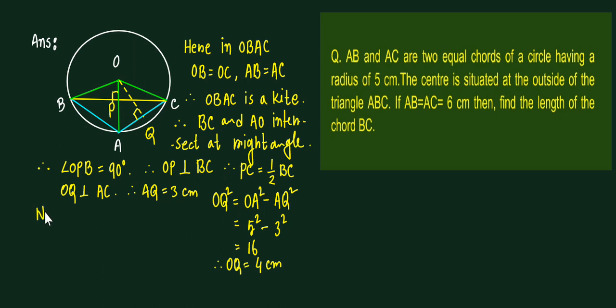Now we have to find out the area of this triangle, means triangle OAC. We have to find out the area of the triangle OAC by taking AC as base. Then we have half into AC into OQ, the perpendicular or height.